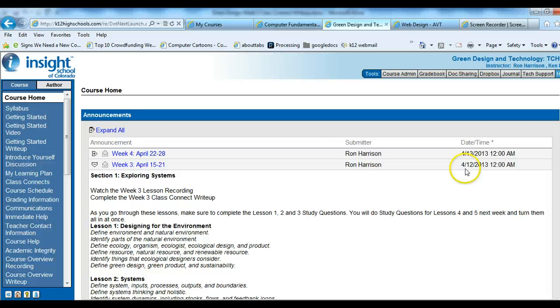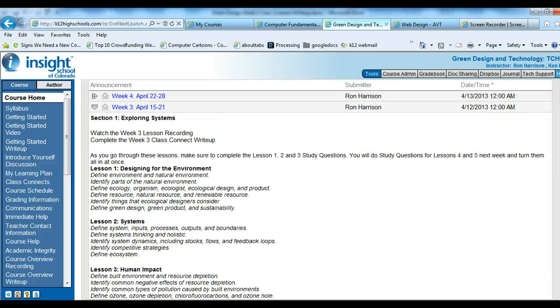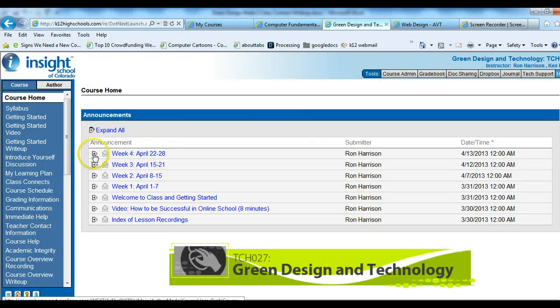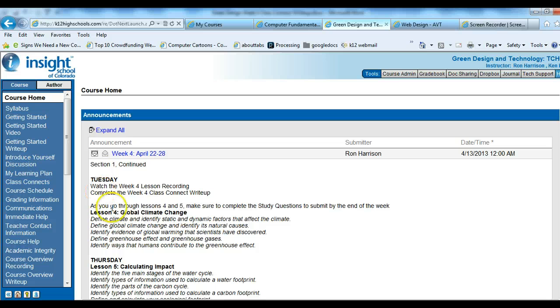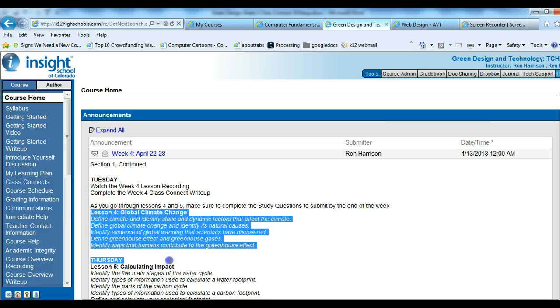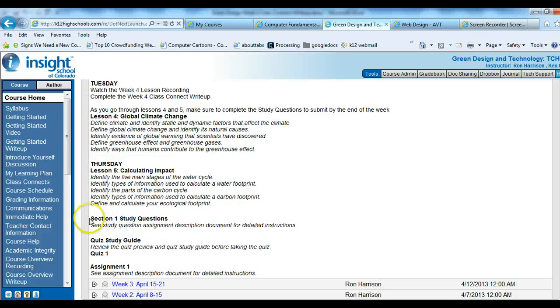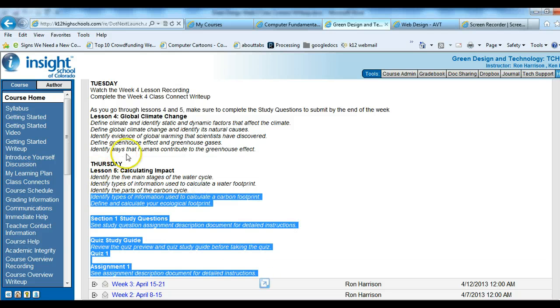But for this week, you're going to be turning in just the Class Connect write-up. Then next week, week 4, you'll look at lessons 4 or 5, turn in all the study questions for next week, then you have the quiz and the assignment for section 1.